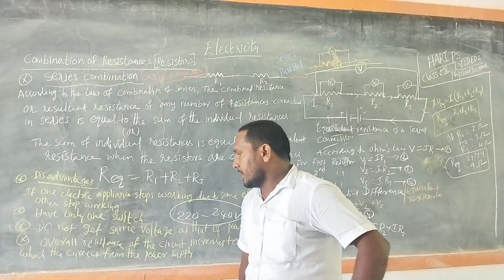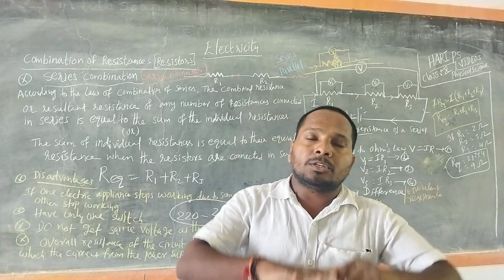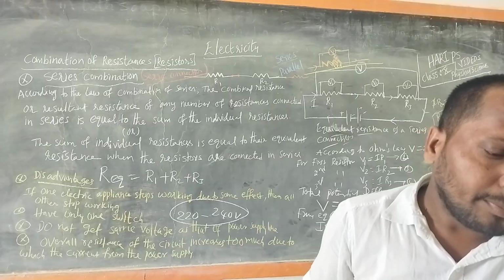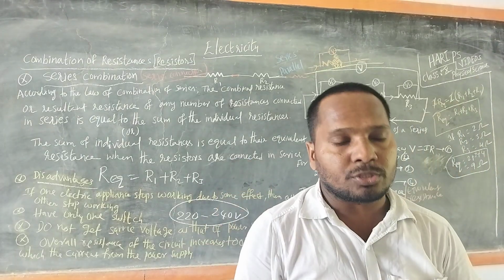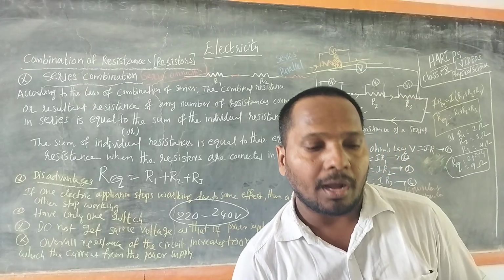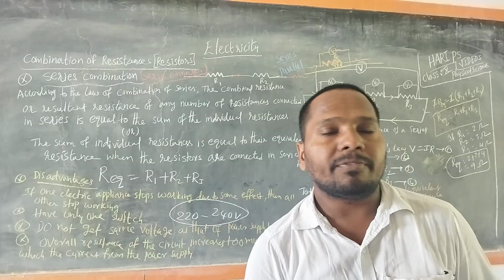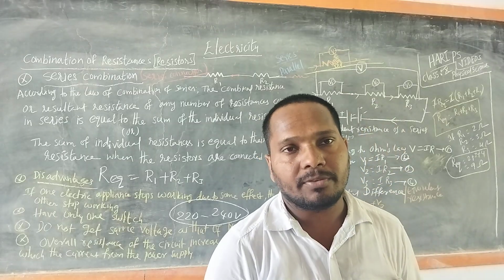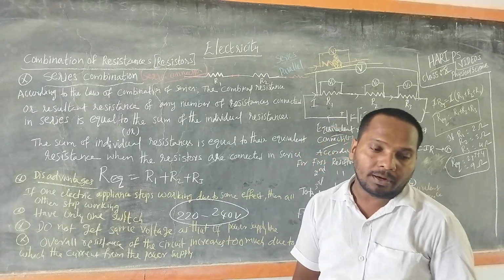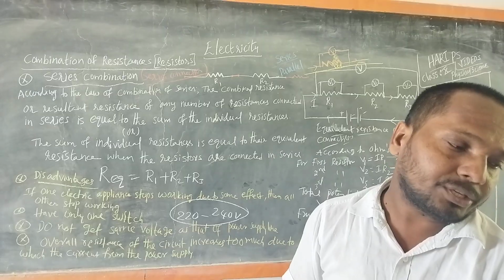The total resistance increases, and because the same current flows through a series circuit, appliances of different power ratings cannot draw sufficient current. So these are some disadvantages of series connection.